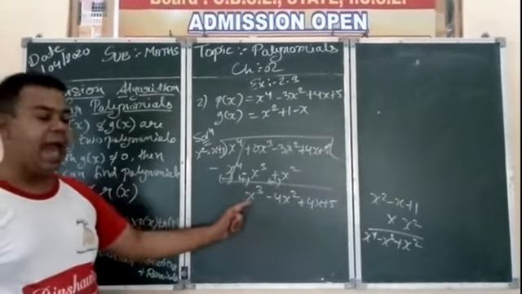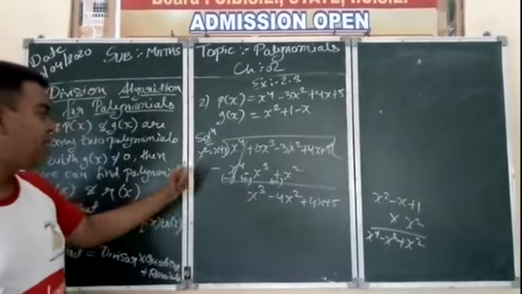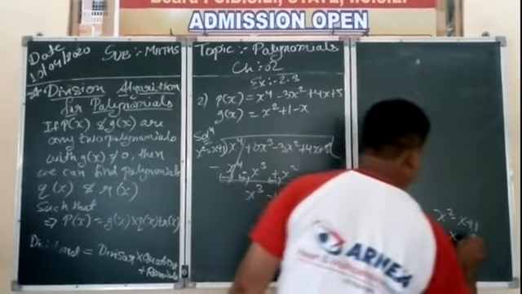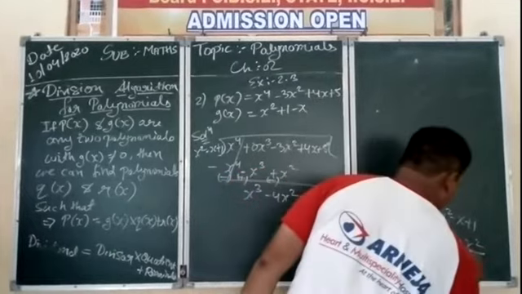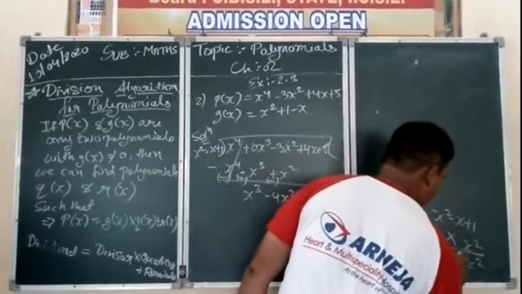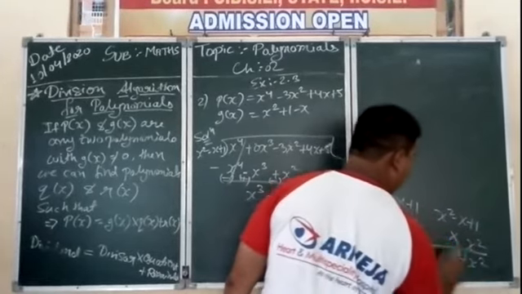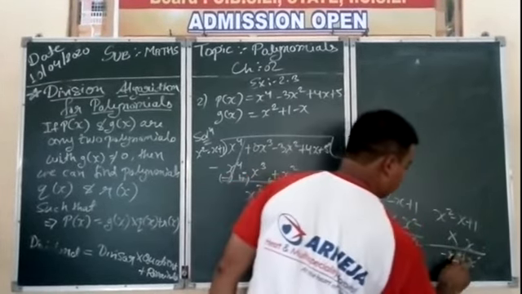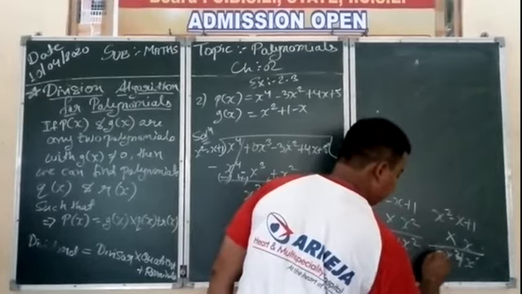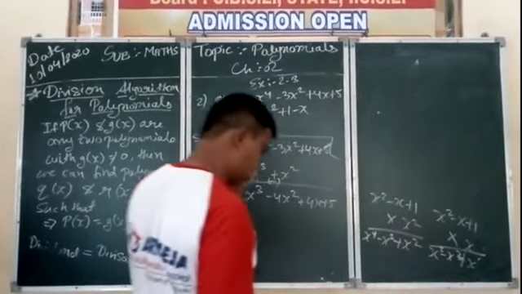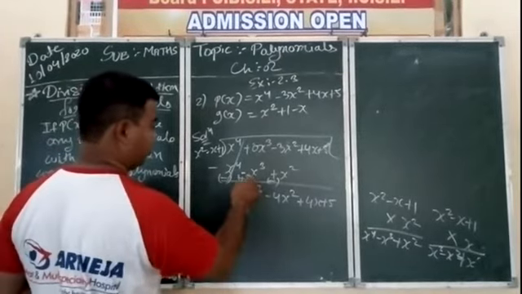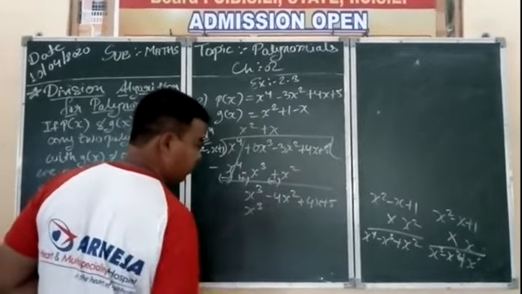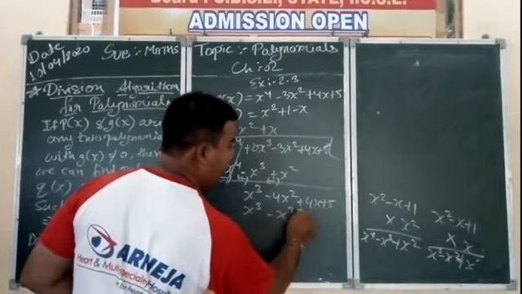Now the first term is x cube. So multiply x square minus x plus 1 by x. So x cube minus x square plus x.